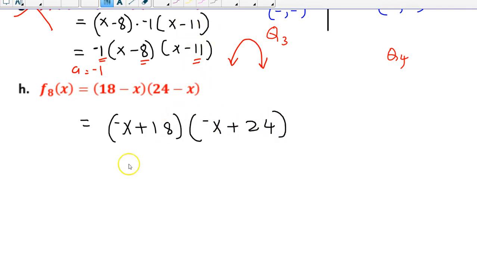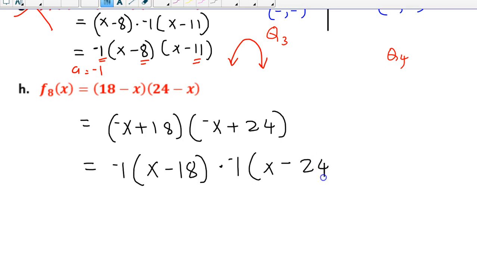Using the same concept, I'll change it to negative 1 times x minus 18, right? Negative times positive is negative x. Negative 1 times negative 18 is positive 18. Good. Times, from this also take out negative 1 times x, minus 24.